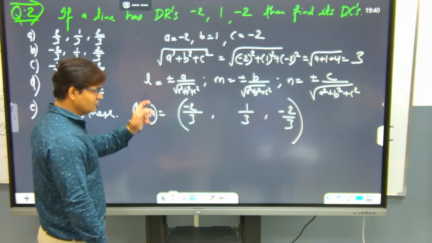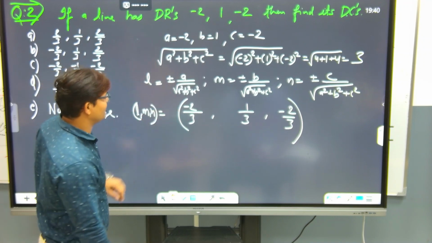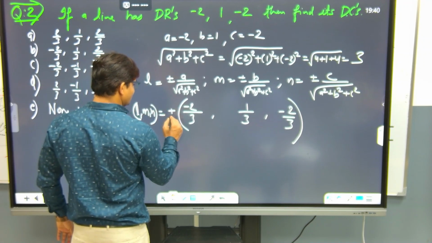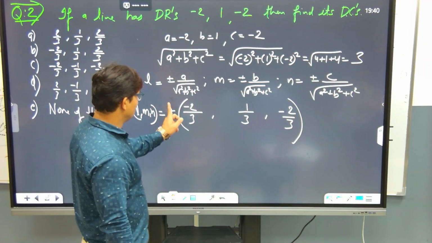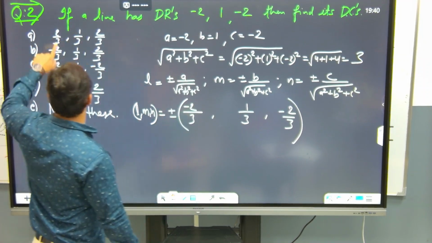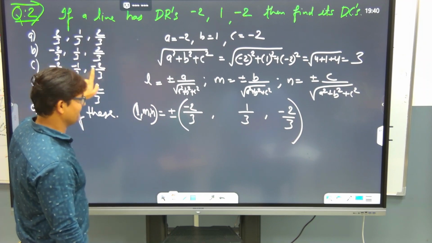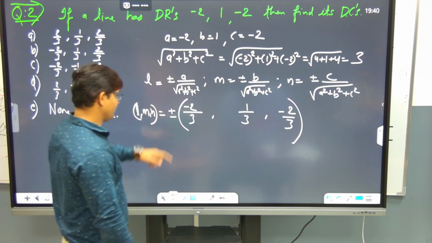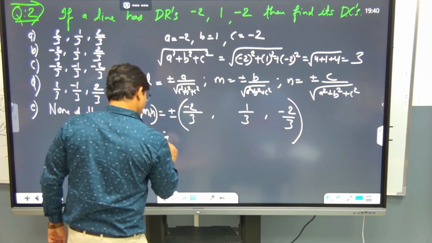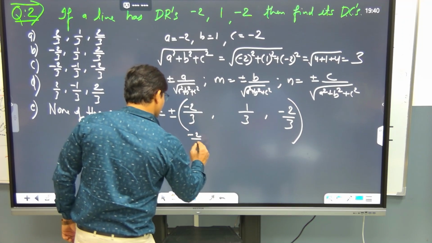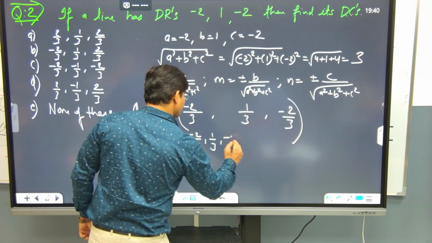But we know that we have two types of sign, one with plus, one with minus. So first case with plus and second case with minus. If this is minus, then all three are minus. With plus, we have -2 by 3, 1 by 3, -2 by 3.